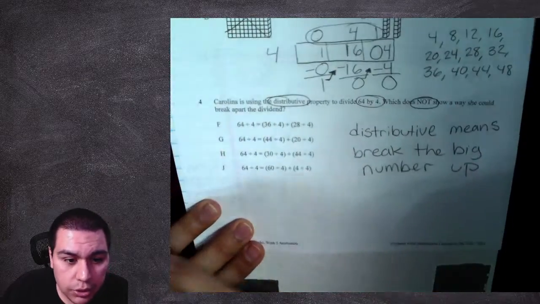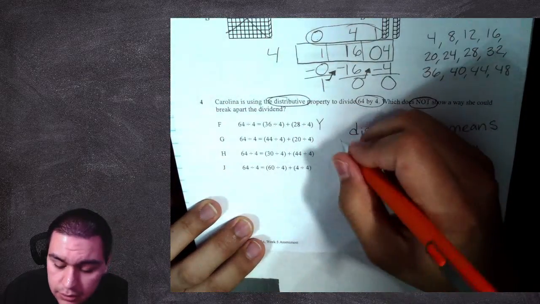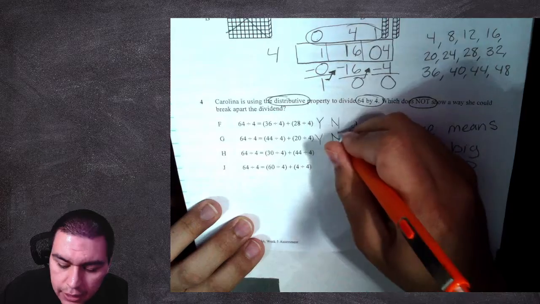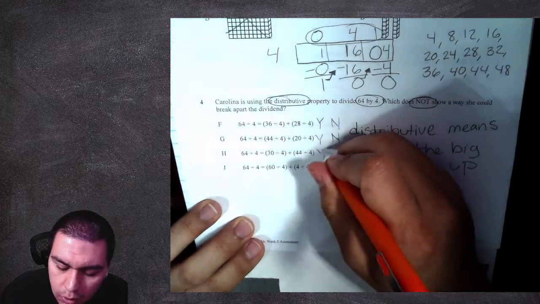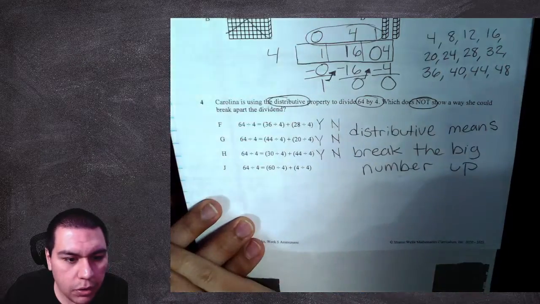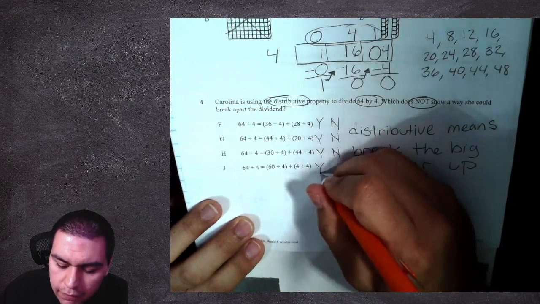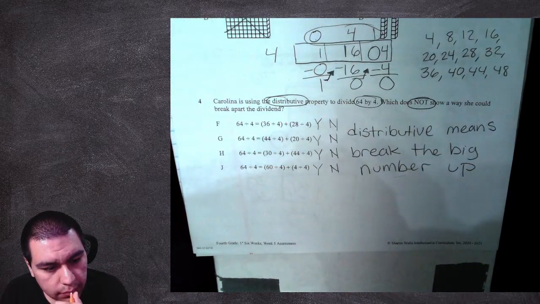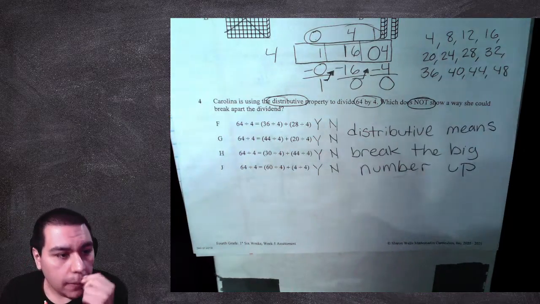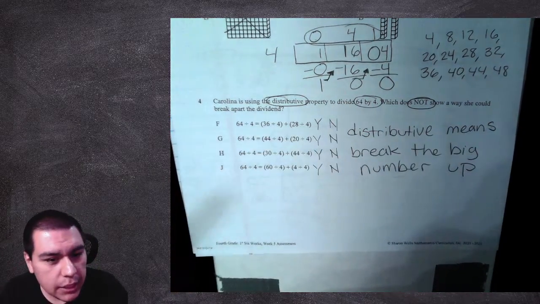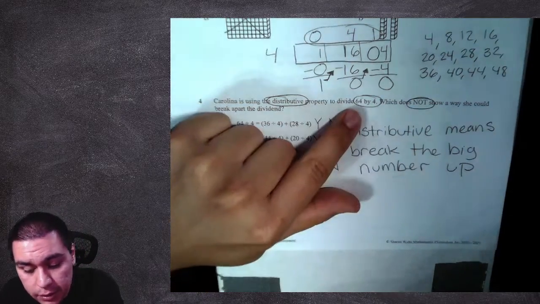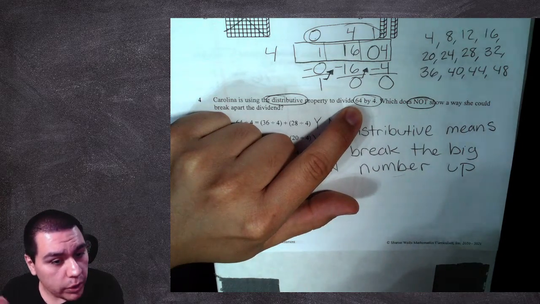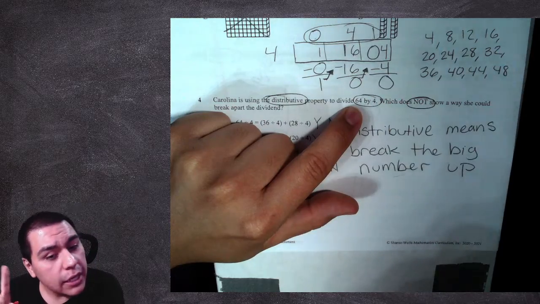So next to my answer choices, I'm going to put a Y for yes and an N for no. Y for yes, N for no. Y for yes, N for no. Y for yes, N for no. And I'm going to see which answer choices break 64 and they do it the right way, and which answer choices break 64 and do it the wrong way.